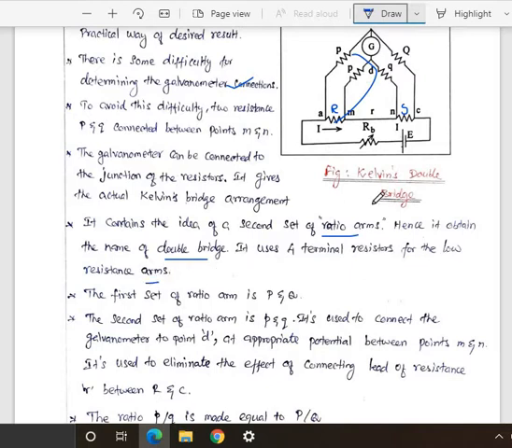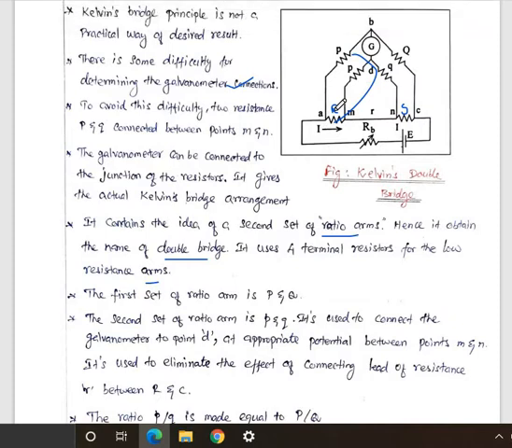Here 1, 2, 3 and 4: 4 resistance arms are connected in the lowest resistance, because we have to find the value of the unknown resistance R, which is a very low value. The Kelvin double bridge or Kelvin bridge, both can be used to measure very low values, below 1 ohm. Maybe you can measure 0.1 ohm, 0.001 ohm.